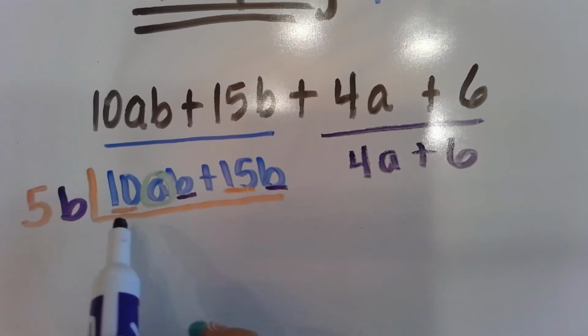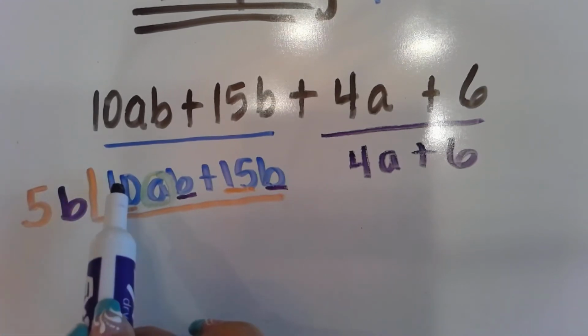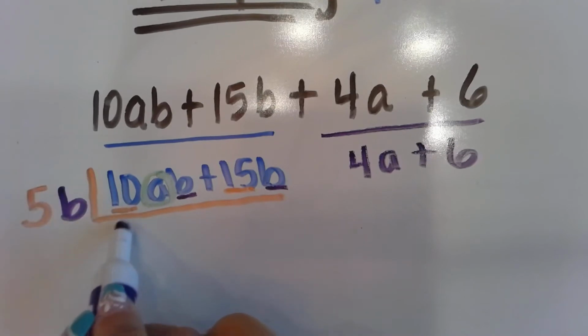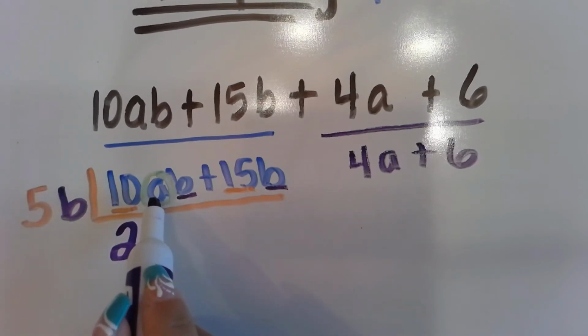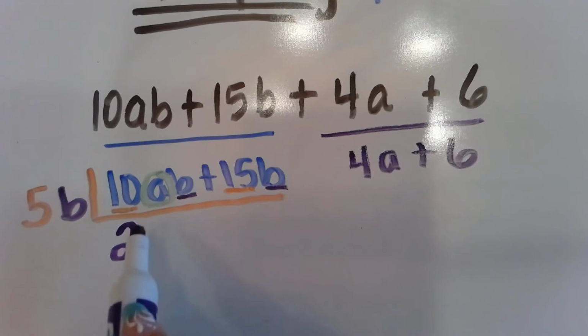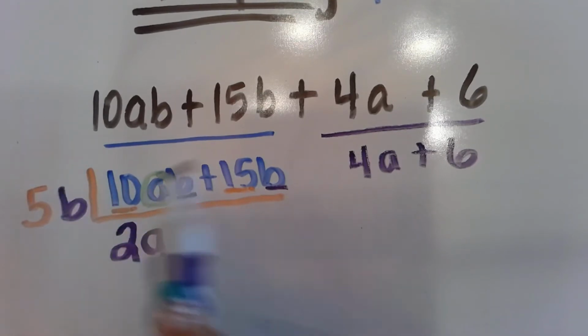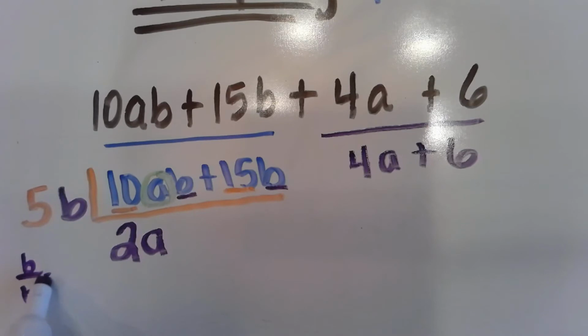Now let's start dividing. 10 divided by 5 is 2. We did not pull out the A, so we're just going to leave our A. And B divided by B is 1, so we don't have to write anything, because remember, anything divided by itself, B divided by B equals 1.